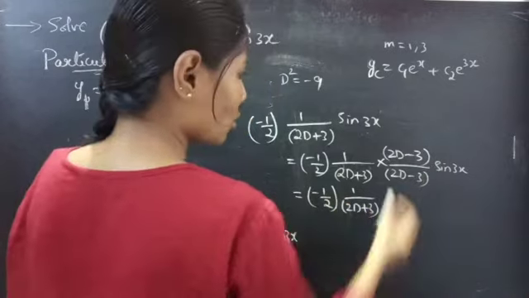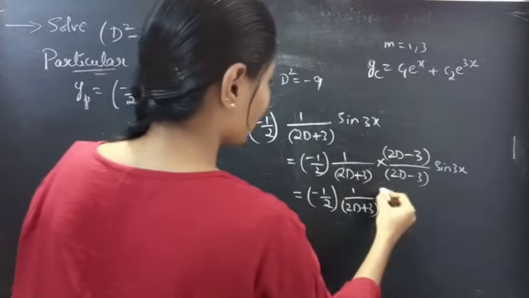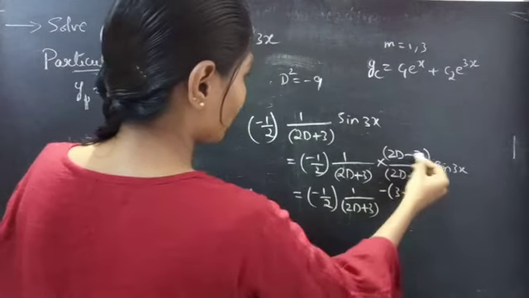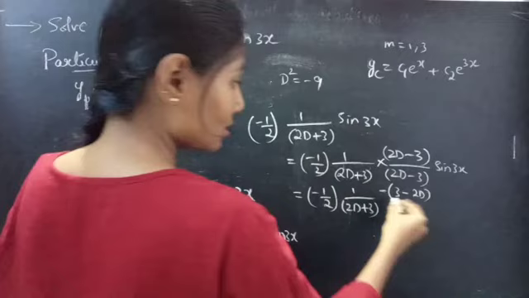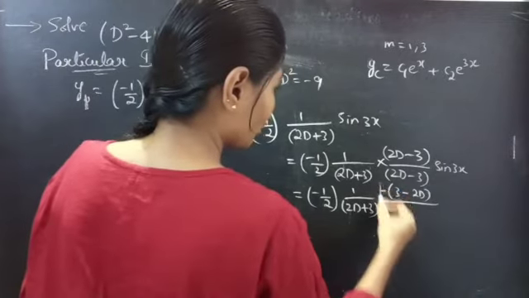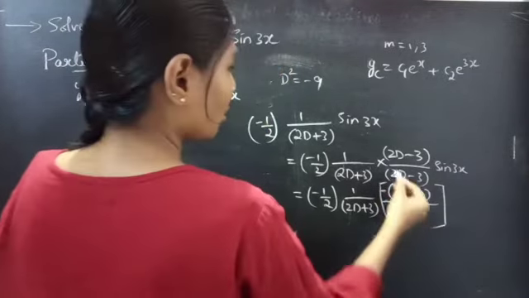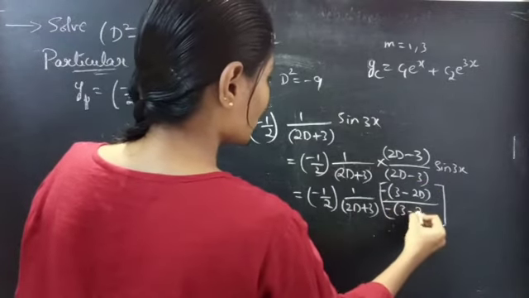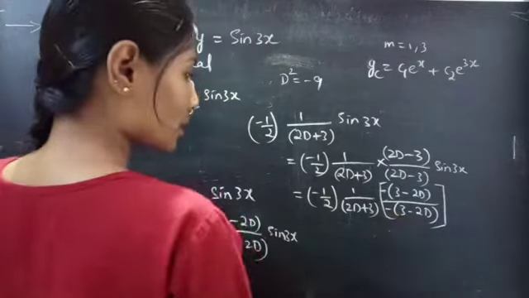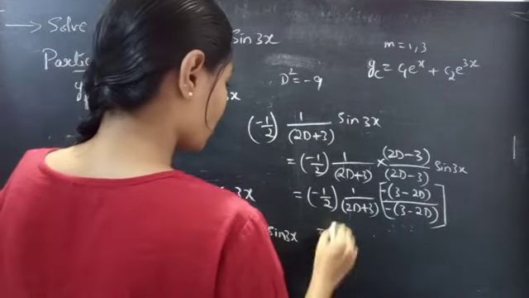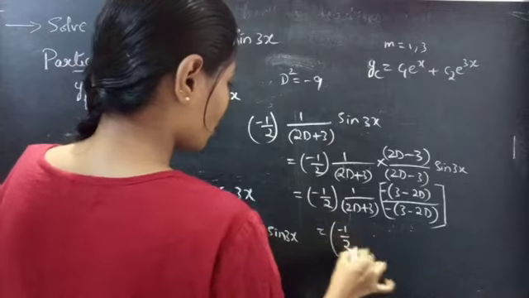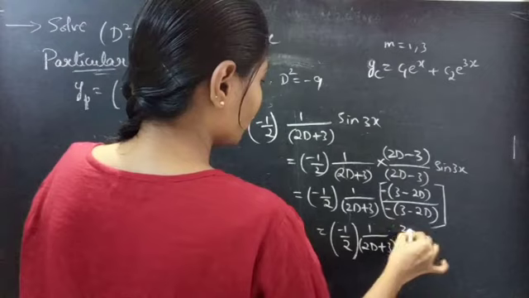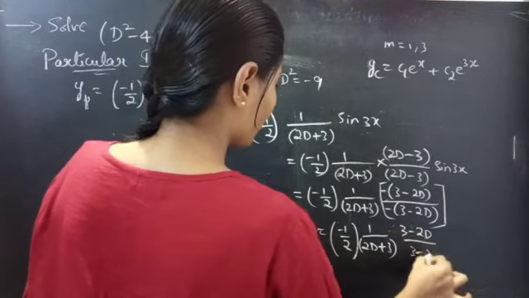Now, if you take minus common from 2D minus 3, you'll get minus of 3 minus 2D, right? Minus 3 is minus 3, minus into minus is plus 2D. You'll get the same thing, I'll use brackets, okay? Here also, from the denominator also take minus common, then you'll get minus of 3 minus 2D, right? Minus by minus becomes plus, then you get 1 by 2D plus 3 into 3 minus 2D by 3 minus 2D.